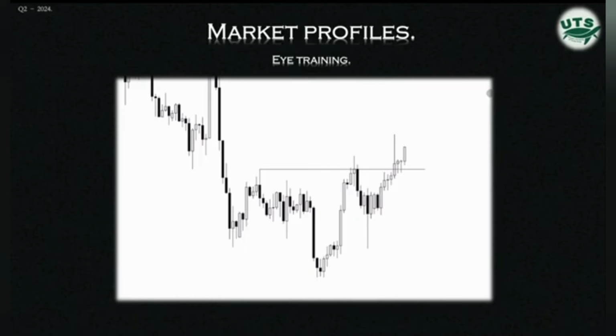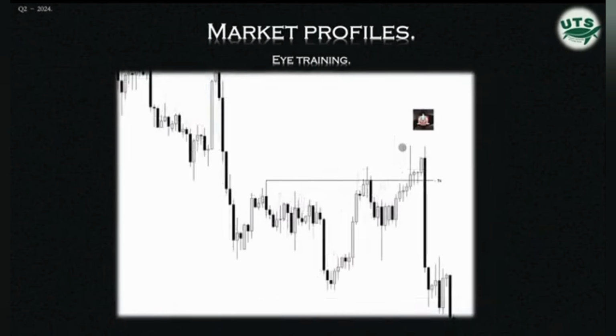Another one. Market structure shift. Yes or no? Anyone who is credible in the school of market structure in the world will tell you that this is a bullish shift. And they would all be wrong.